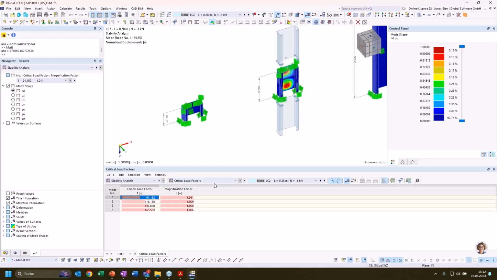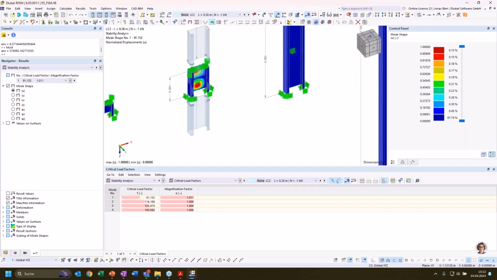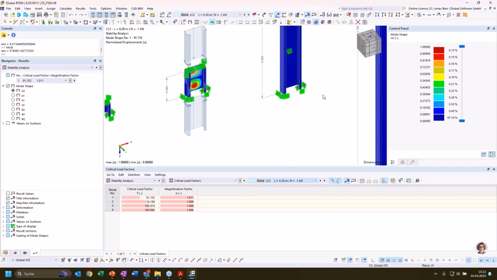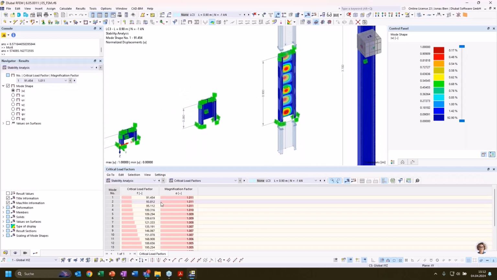What is also important to note is that the critical load factor is not changing significantly. The first, most relevant critical load factor is not changing a lot when we compare the three smaller column segments here. We are always around a factor of 90.